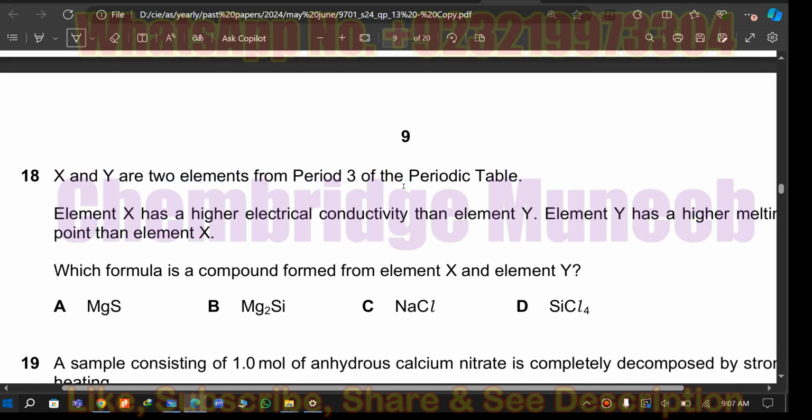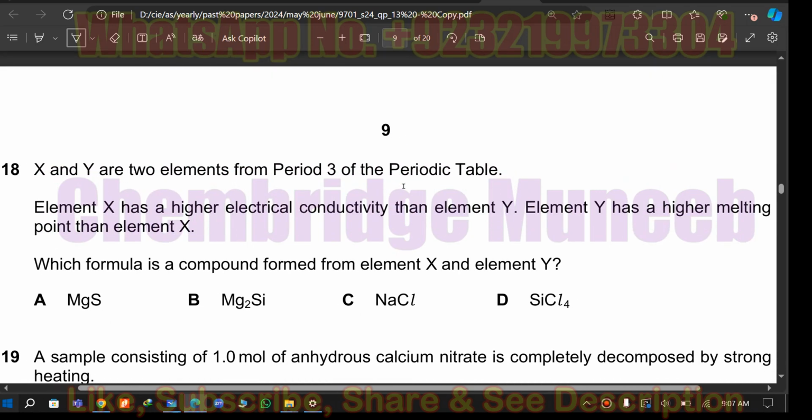Now question number 18. X and Y are two elements from period 3 of the periodic table.